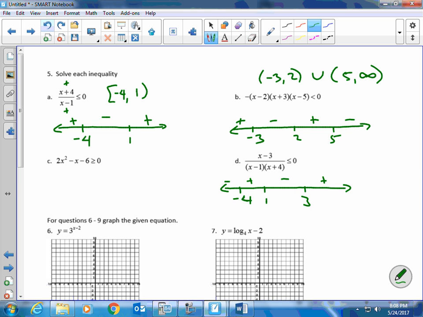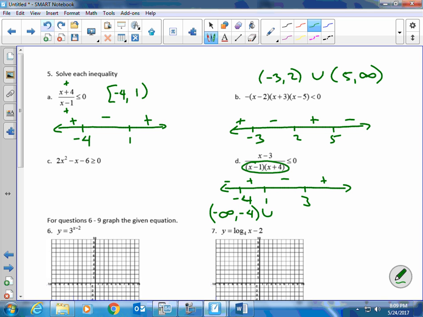All right. What do I want? I want values for x that are less than, meaning negative. So less than 0 means negative. What do I want? I want things that are between 1 and 3 and less than negative 4. I can't ever include the bottoms. What makes them 0? So I can't include the 1, and I can't include the negative 4. So I'm going to go from negative infinity to negative 4, not including it.